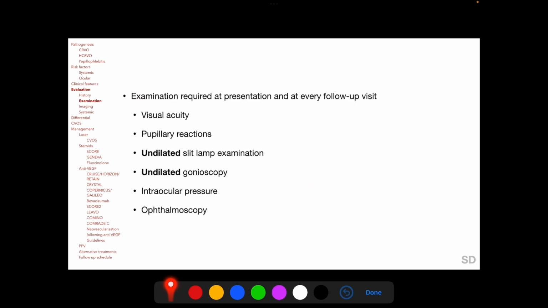Examination required at presentation and at every follow-up visit includes visual acuity, pupillary reactions, undilated slit lamp examination to detect iris neovascularization, undilated gonioscopy to detect angle neovascularization, and intraocular pressure, following which the pupil should be dilated for ophthalmoscopy.